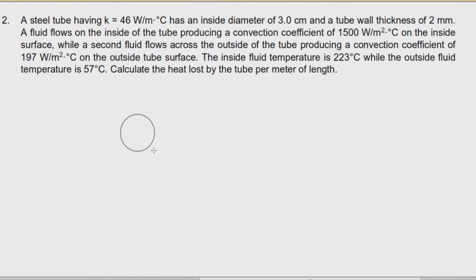So we can draw the figure first so that we get a good understanding of what's happening. This is the steel tube, and the thickness is 2 mm, and the diameter is 3 cm.